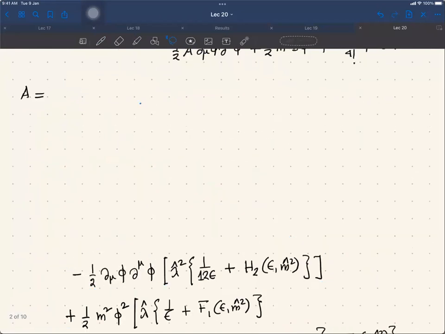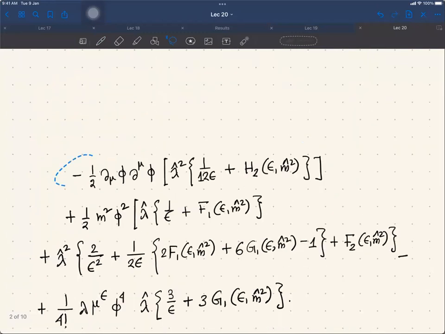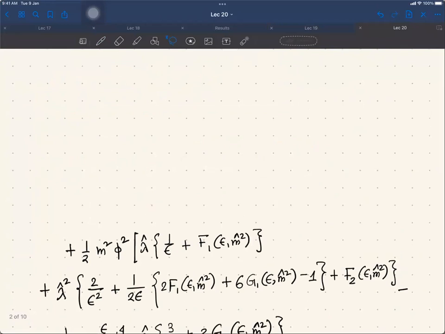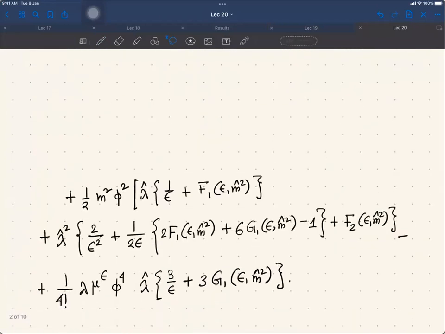This is A. Then B is given by this expression.